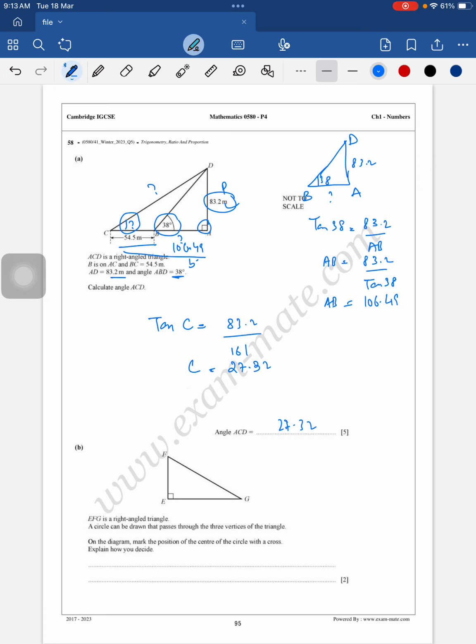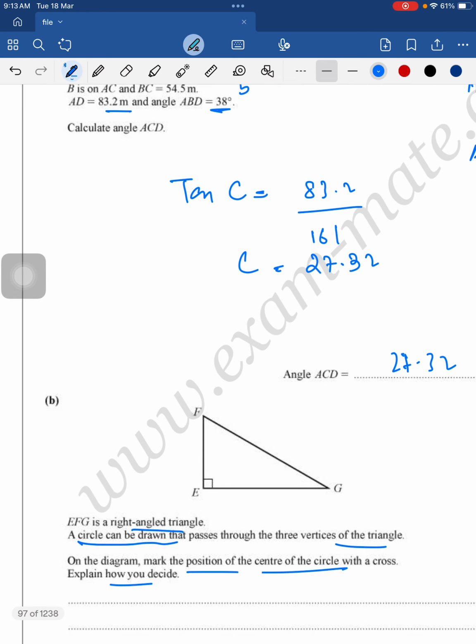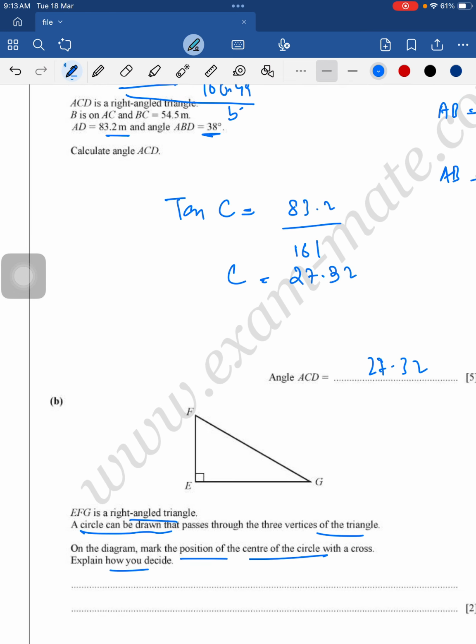Okay, part B, EFG is a right angle triangle. A circle can be drawn that passes through three vertices of the triangle, right? On the diagram, mark the position of the center of the circle with a cross. Explain how you decide. Now we need to find out the position on which we should keep the compass so that the circle made can touch the three vertices.